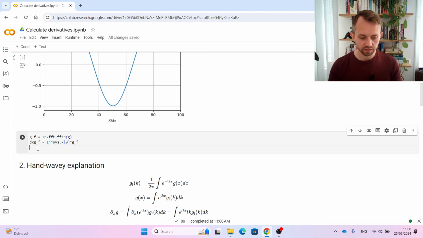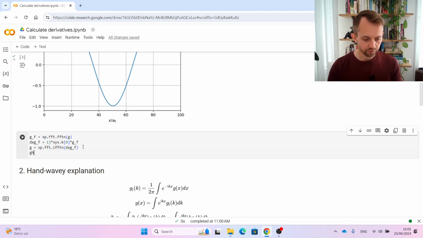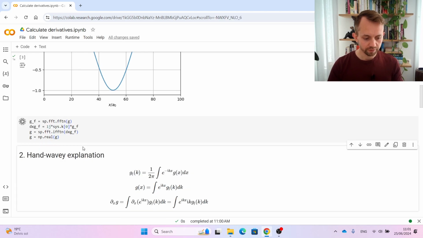And then to get the derivative back, I'm going to do an inverse Fourier transform. So .fft, that's where it's located, ifftn of dxgf. And whenever you do this, you typically pick up some imaginary part as well. So since I know that g is a real function, I'm also going to take the real part in the end, like this.